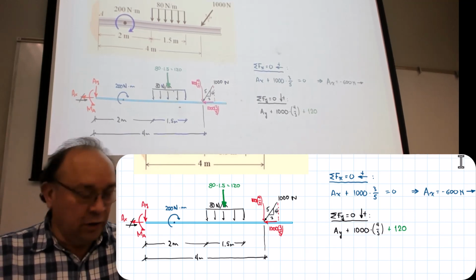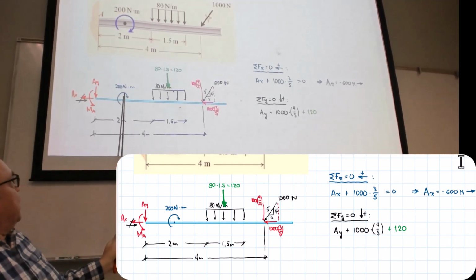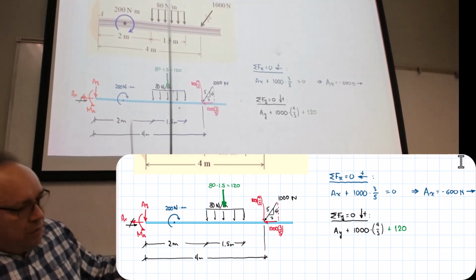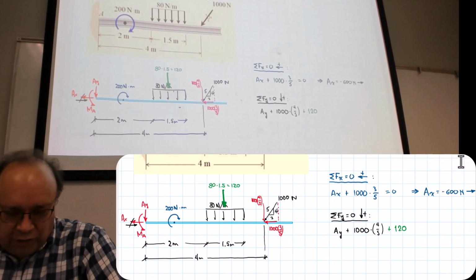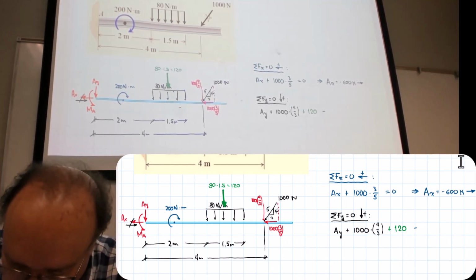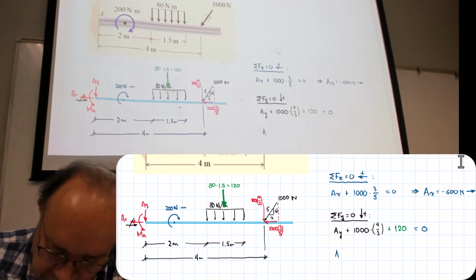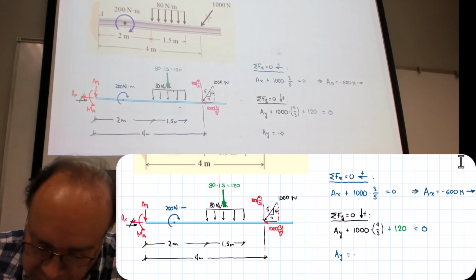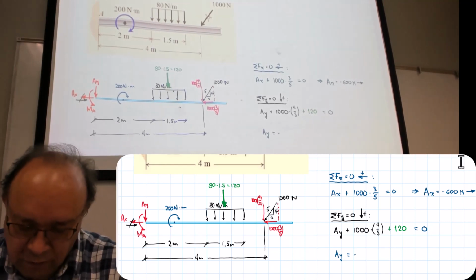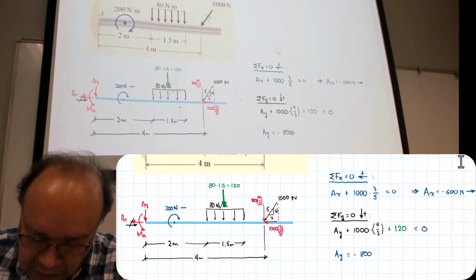Moments don't get into summation of forces, so that's why this moment doesn't get into here. So that's our whole set of forces in the vertical direction. Now we can close our equation with the equal to 0. Never forget the equal to 0. So from here, AY equals to minus, this is 800 minus 120.